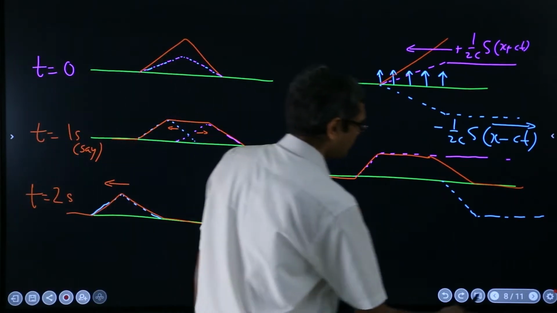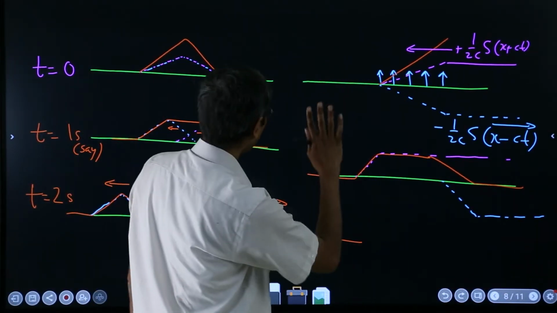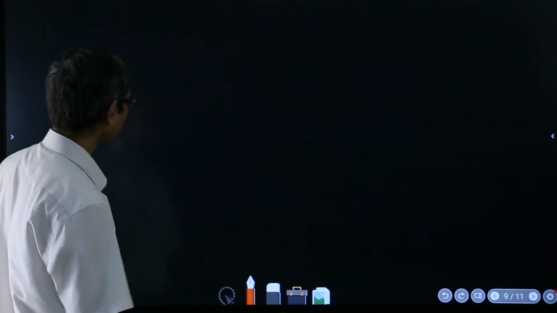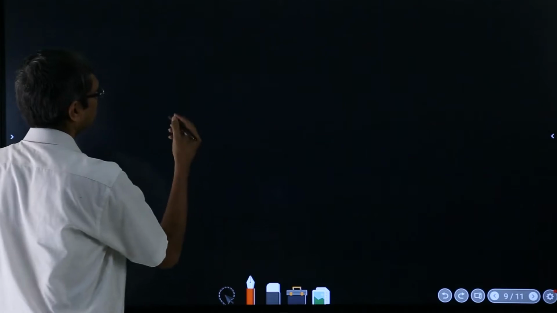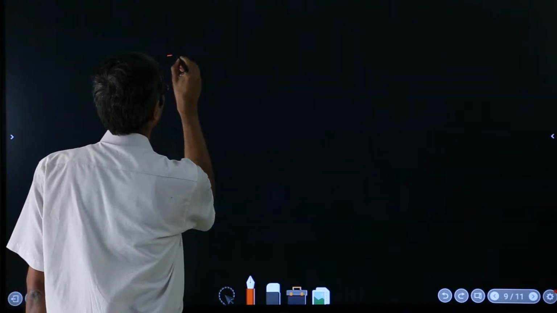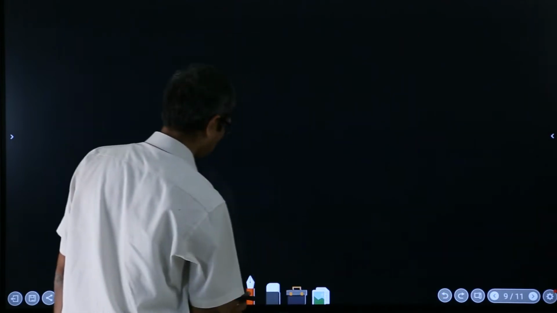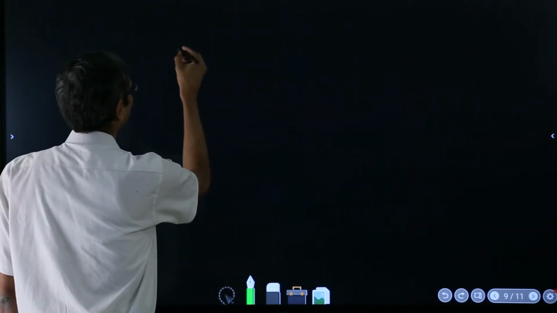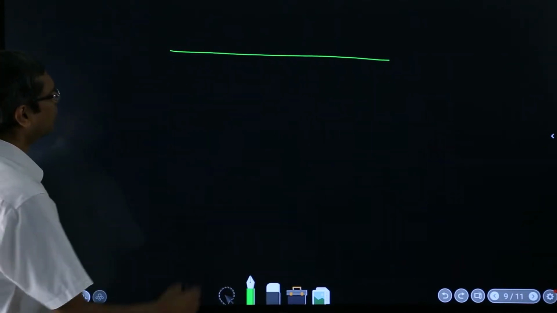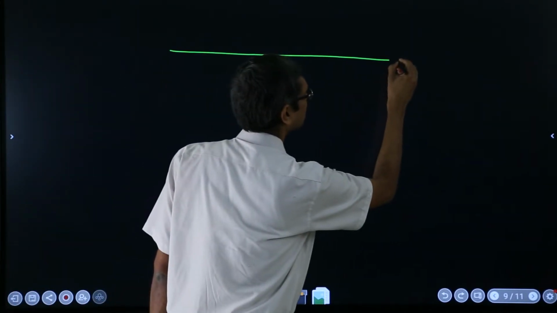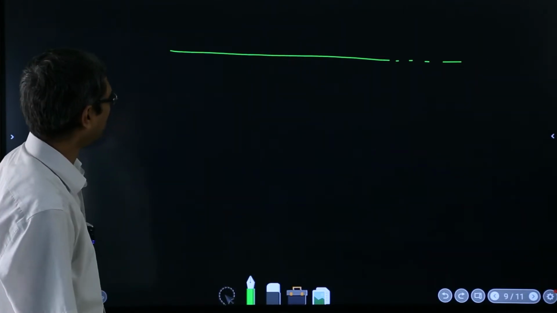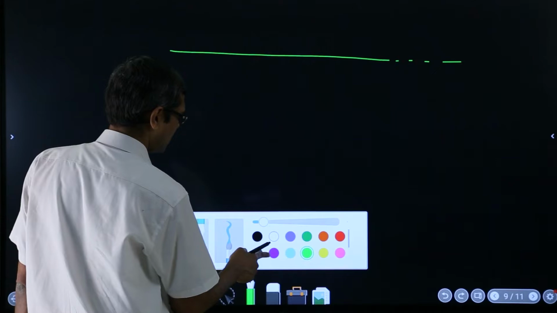Keep these pictures in mind so that we can compare later on. So here is what is happening now. You have the string here, but it extends on one side to infinity, while on the other side it's stuck.